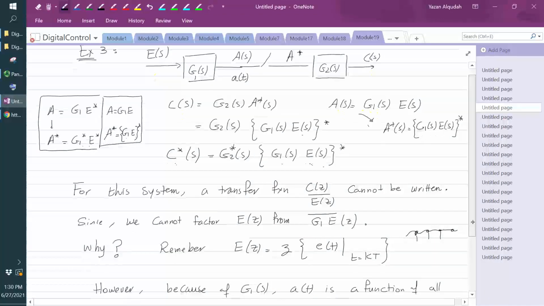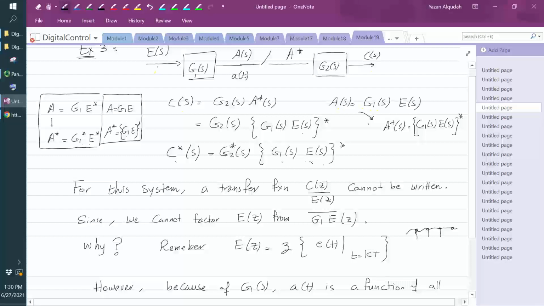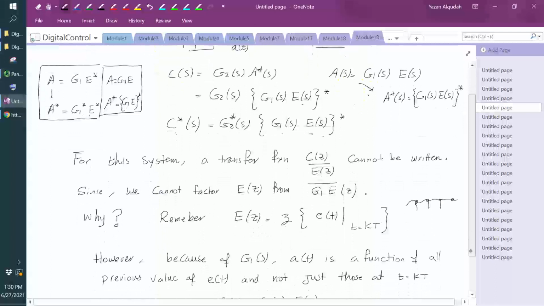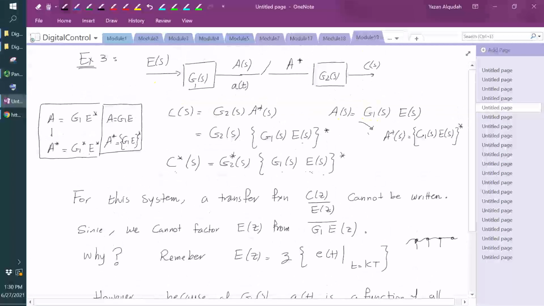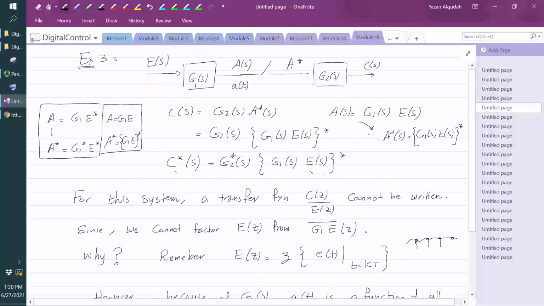Now, if I have a continuous time system and I have E of S applied to G1 of S, how do I get the output? In the frequency domain, I multiply G1 of S multiplied by E of S. In the time domain, that's a convolution.